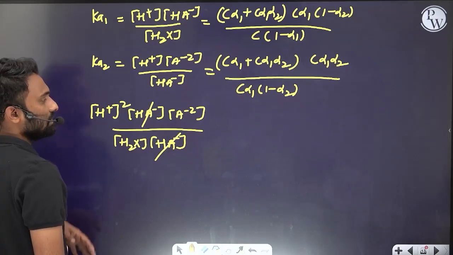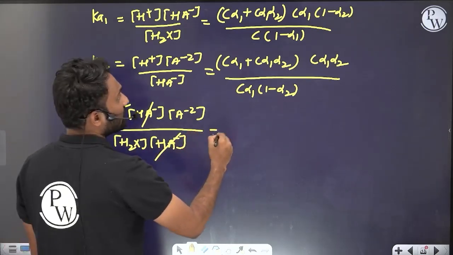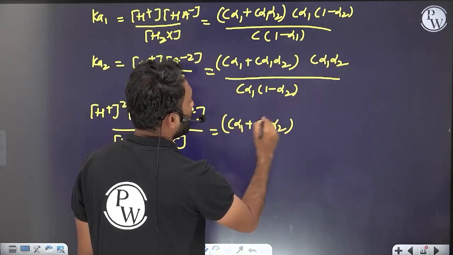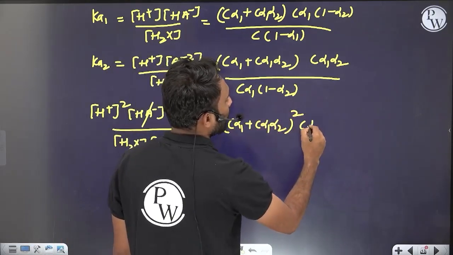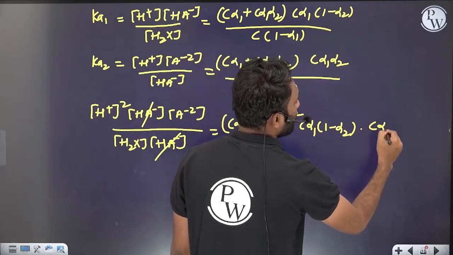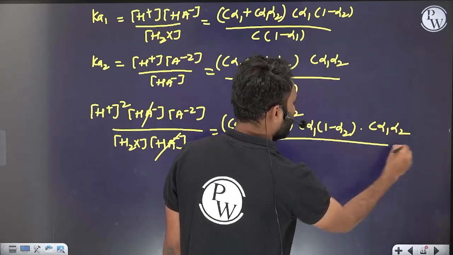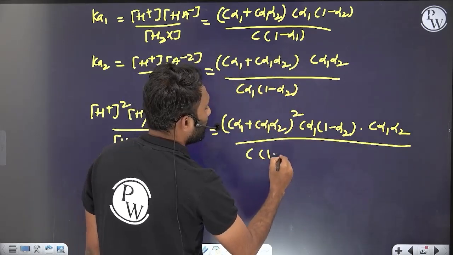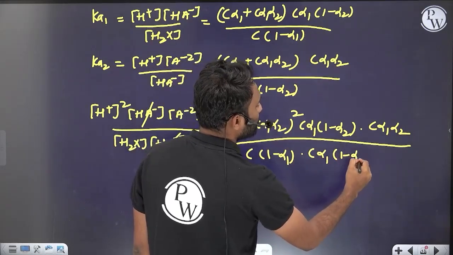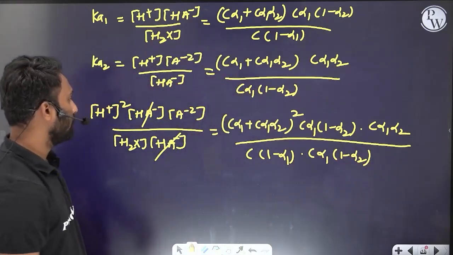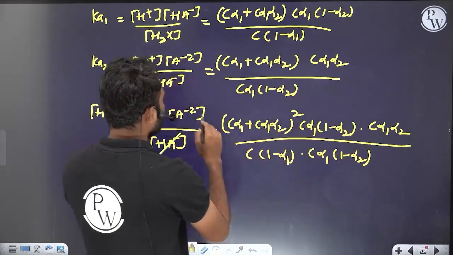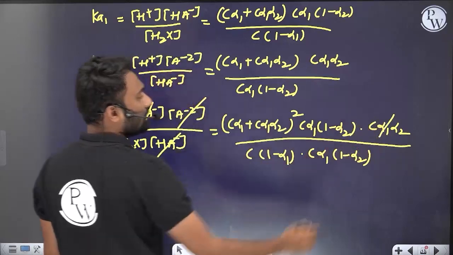The leftover is C alpha 1 plus C alpha 1 alpha 2 whole square, equal to C alpha 1 into 1 minus alpha 2 into C alpha 1 alpha 2 divided by C into 1 minus alpha 1. Here the A minus 2 concentration appears on both sides, so this will cancel out.